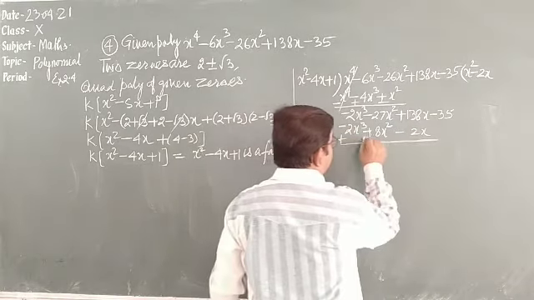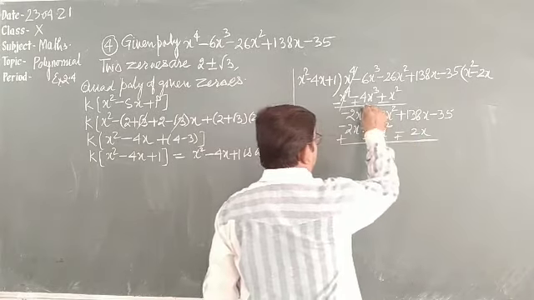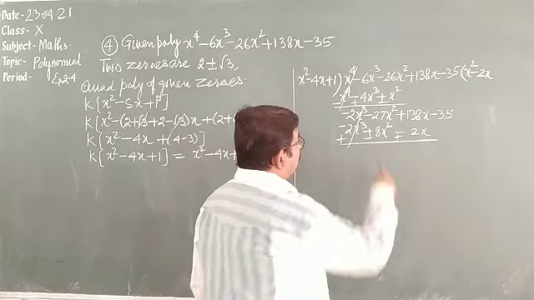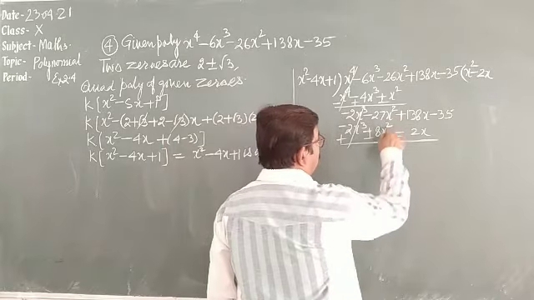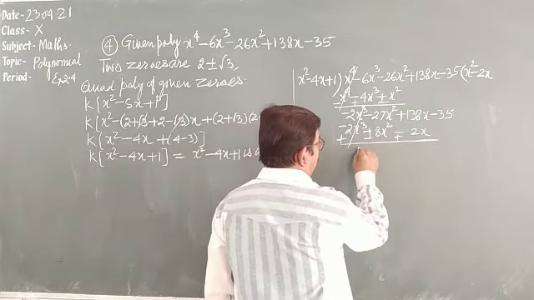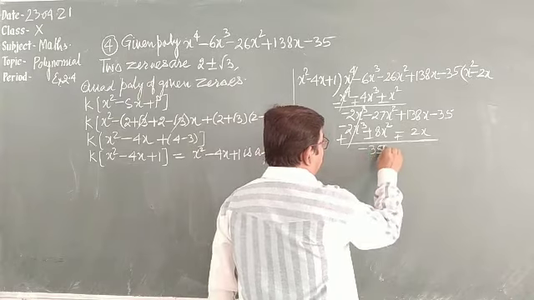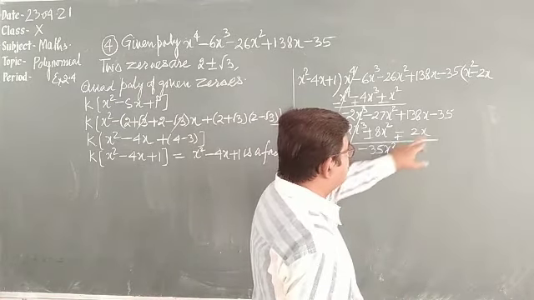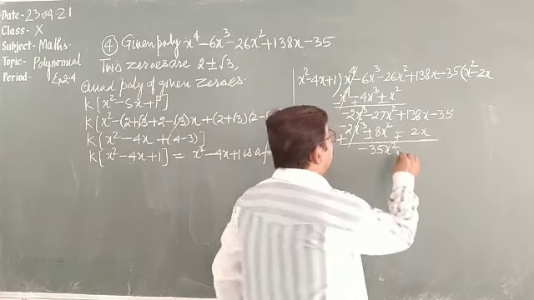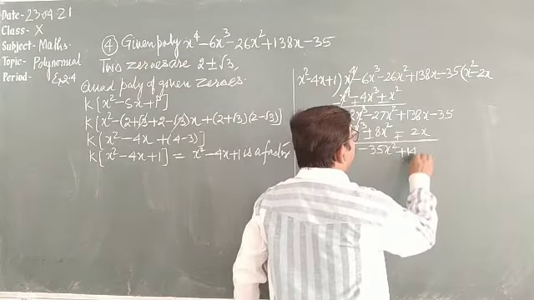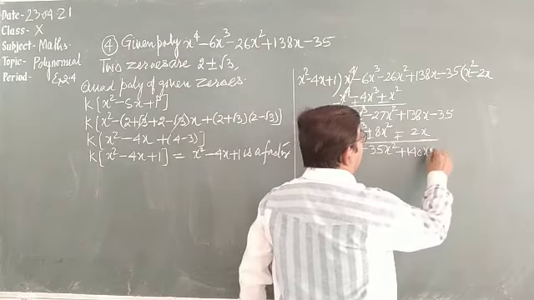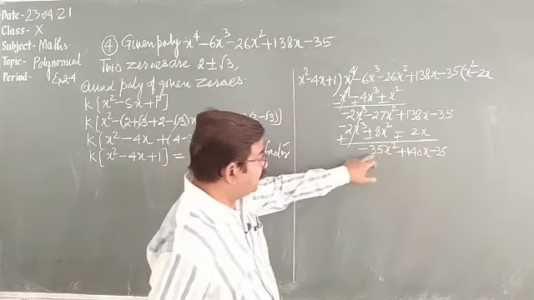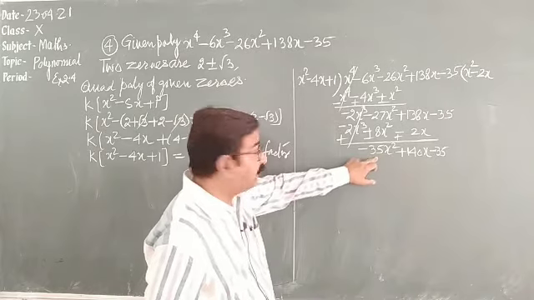This becomes plus, minus and plus. This will go. Is it? So minus 27x square and minus 8x square is minus 35x square. See, this is 138x and now plus 2x is 140x and minus 35.